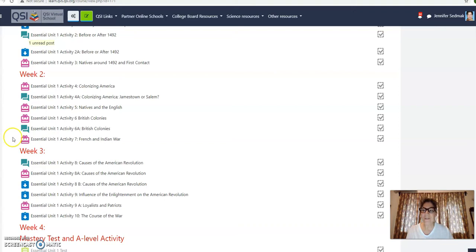And that week then finishes by looking at a conflict that existed between the British colonies and the French and the Indians, in what's referred to in U.S. history as the French and Indian War. It had a world counterpart called the Seven Years' War, but because this conflict in the Americas began in 1754 and didn't end until 1763, we refer to it as the French and Indian War.